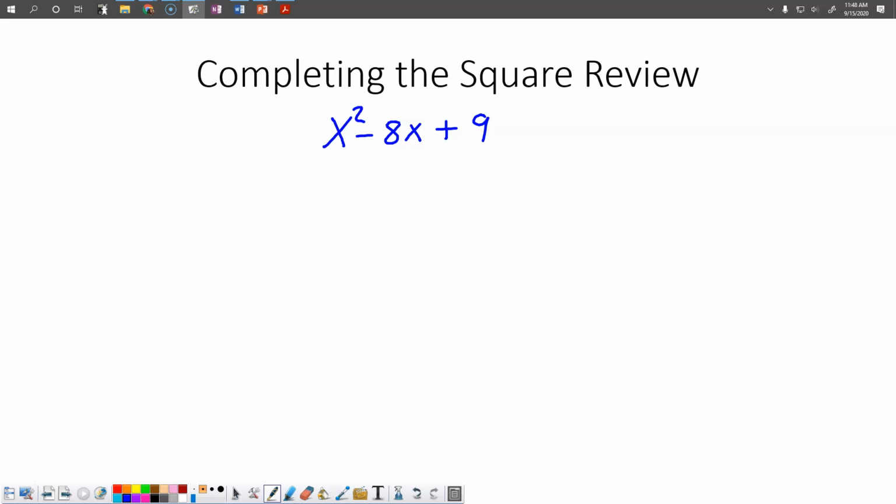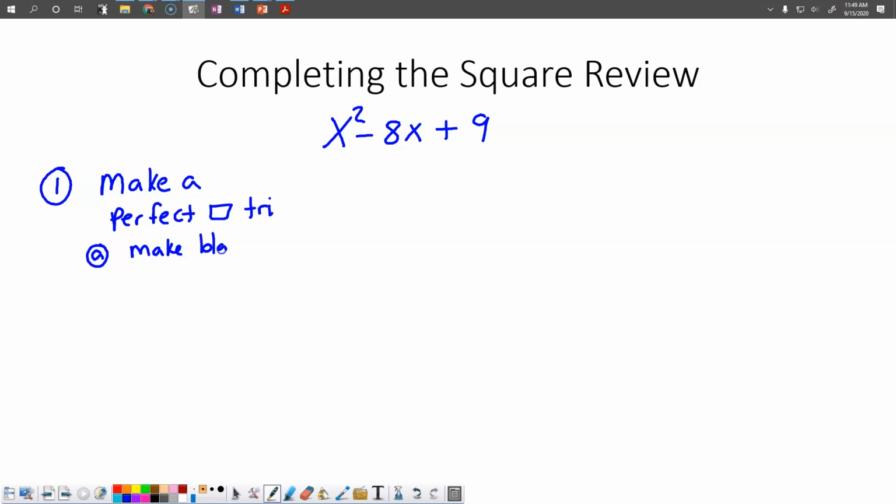So step 1 is to make a perfect square trinomial. Okay, now there's a couple of steps involved. Okay, so step 1 is we're going to make a blank spot. I'll show you what I mean by that.